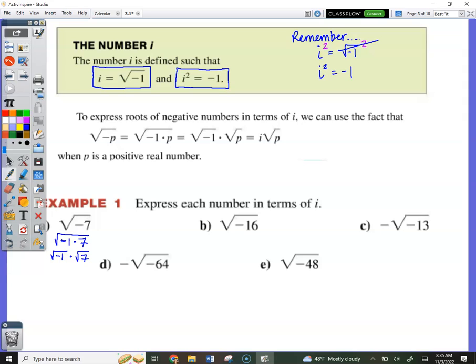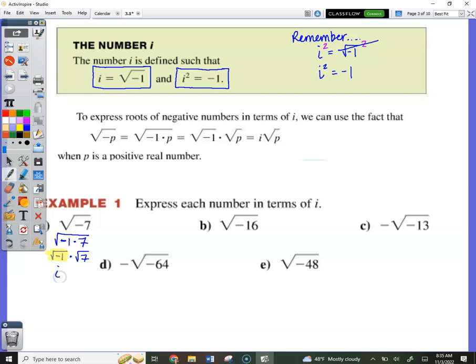I can take the rules of radicals. You can take one big radical and split it apart with a multiplication in between, and it's the same thing. If you read this going back up, I haven't changed anything, have I? I've just rewritten the -7 as the product of -1 times +7. What did we just learn that this means?